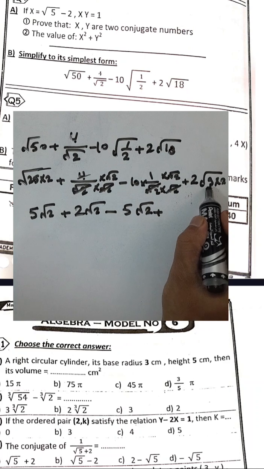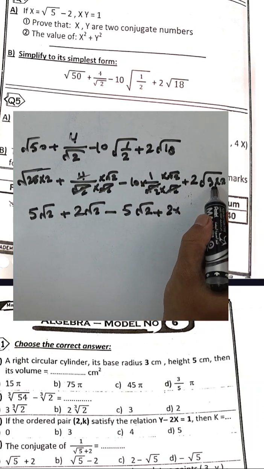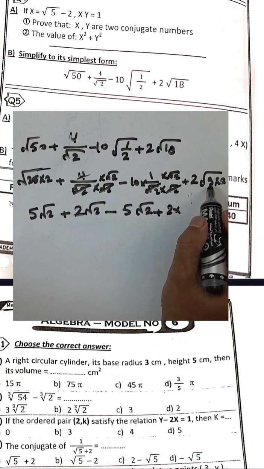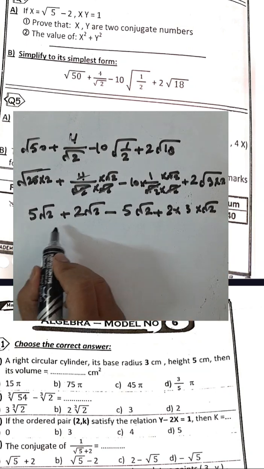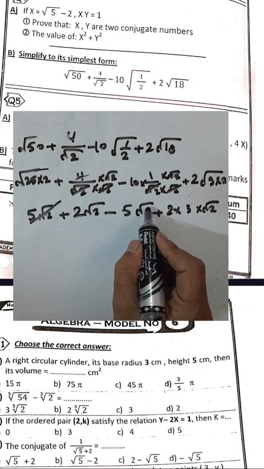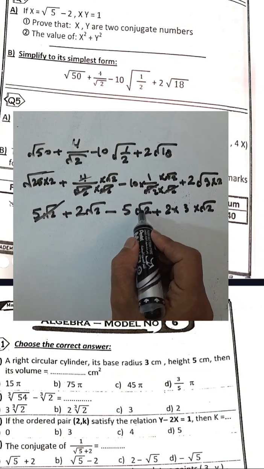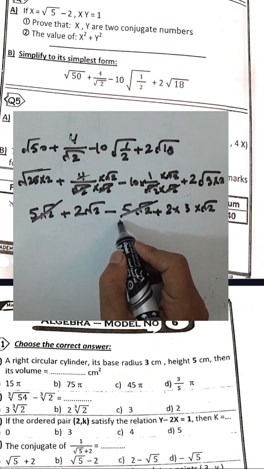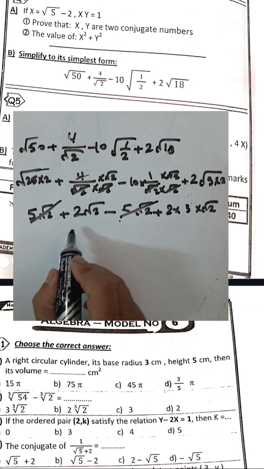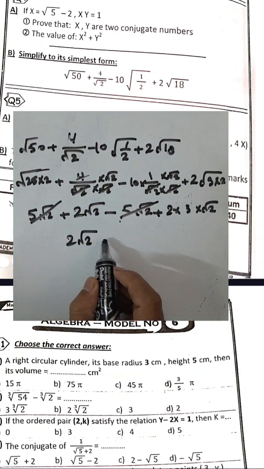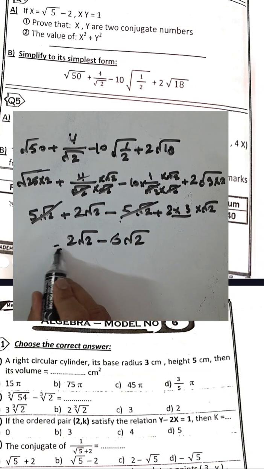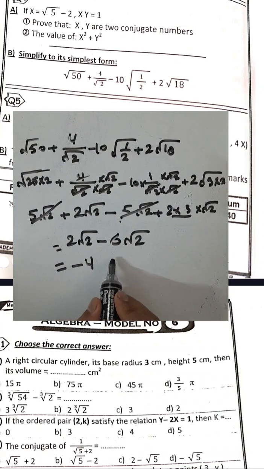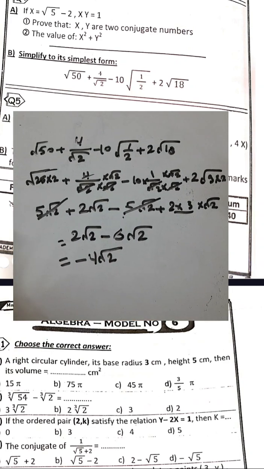And square root of 9 will be 3 times square root of 2. Right, 5 root 2 subtract 5 root 2 equals 0. Then the result will be 2 square root of 2, subtract 2 times 3 root 2 equals 6 root 2. Then the result will be 2 minus 6, negative 4 root 2, is the simplest result for this example.